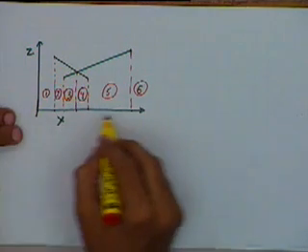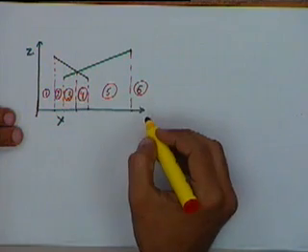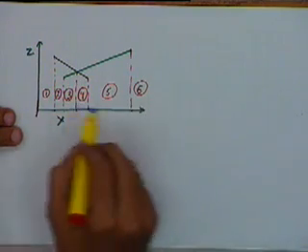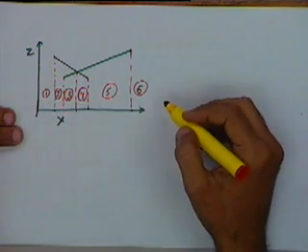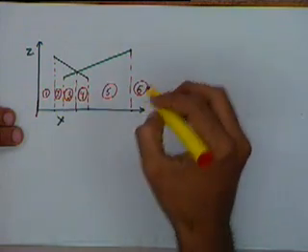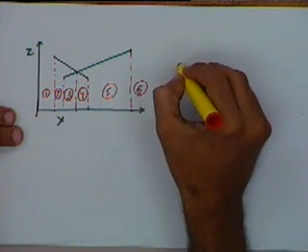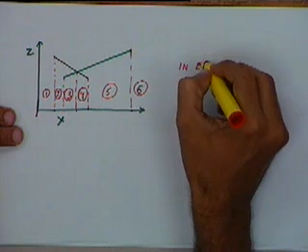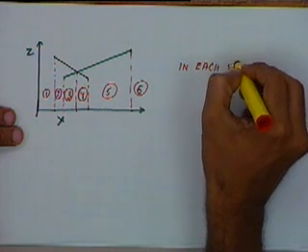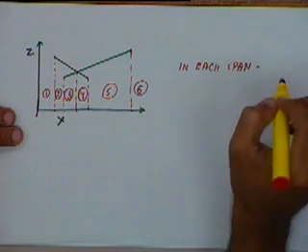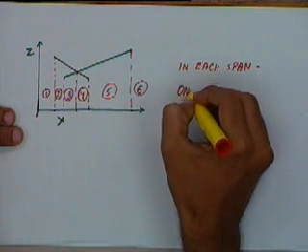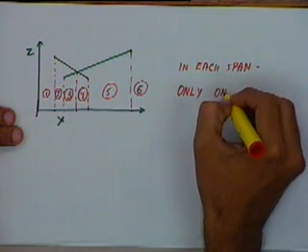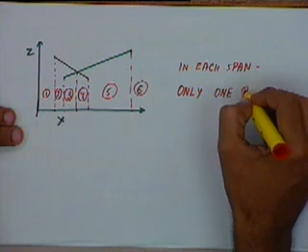So this way the whole screen or the complete scan line along the x axis will be divided into a number of spans. And the important property would be that in each span only one polygon will be displayed.